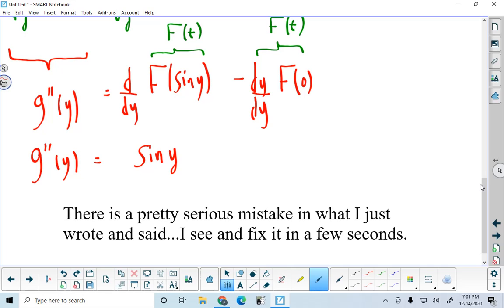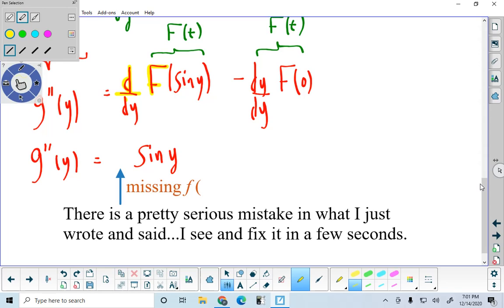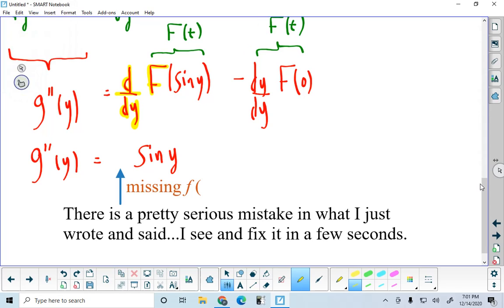So you might say to yourself, since this is an antiderivative and this is the derivative, the derivative of the antiderivative is going to knock both pieces out and you'll be left with sine of y. But when you differentiate something, you always have to multiply by the derivative with respect to y. So I missed a little thing here that's pretty important.